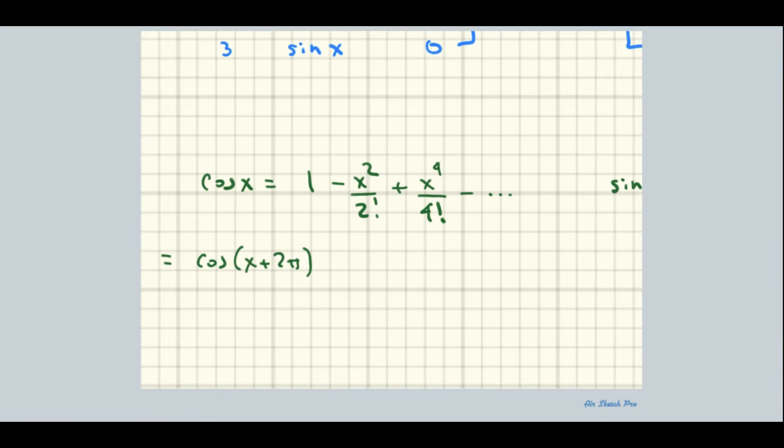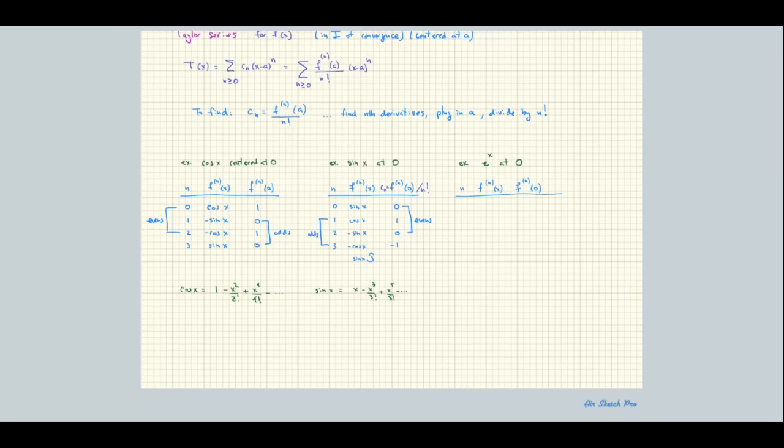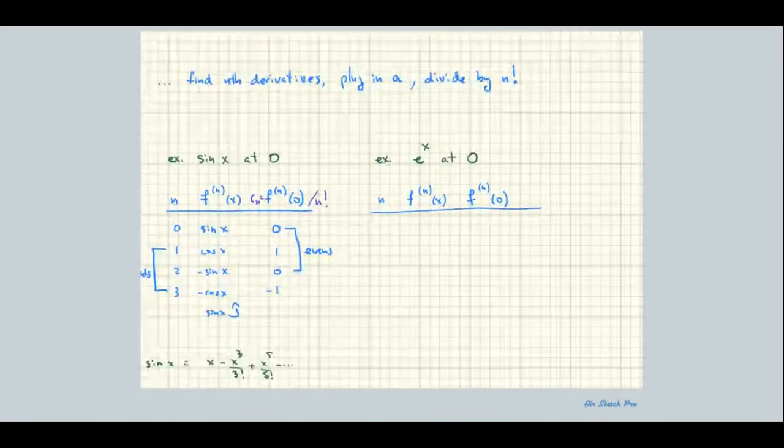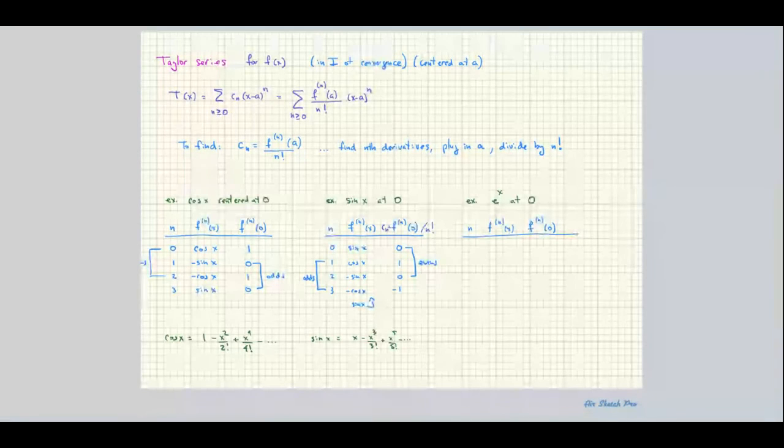If I replace all the x's here with x plus 2 pi, I get the same series. Really bizarre fact. I just wanted to let you have an idea that there are some things which are still very profound that even the professor finds really strange and difficult to see intuitively.